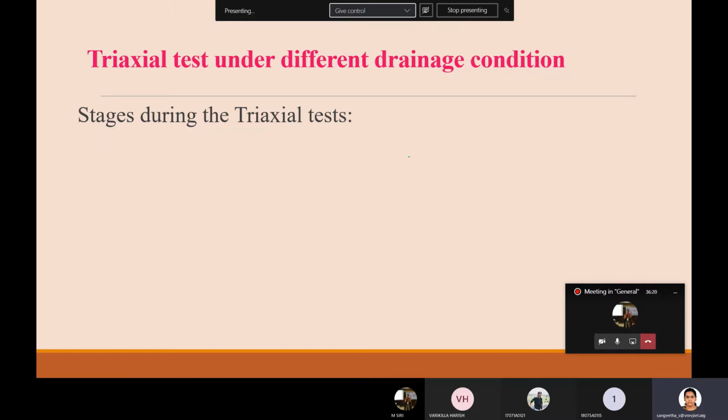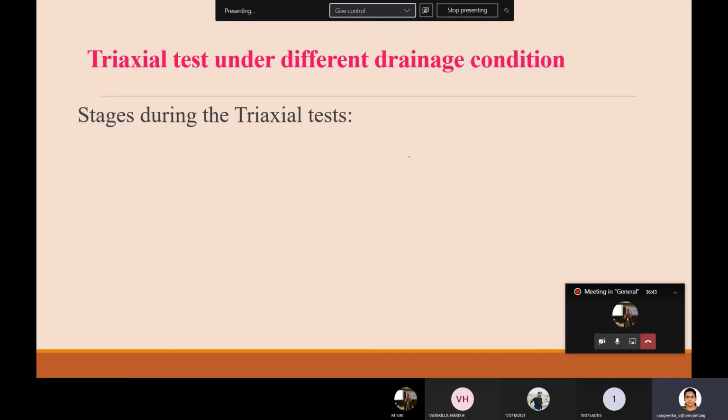And while performing the triaxial test also, we have different drainage conditions. And also this test is performed in stages. So first you prepare the soil sample and then apply the pressure. So sigma 3 is applied and then with that load application, the sample is left as such.